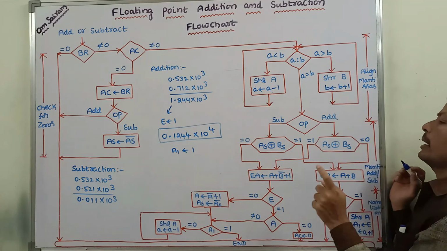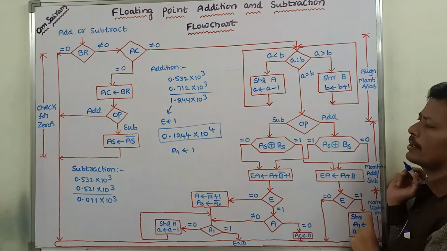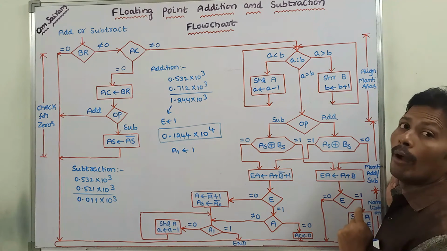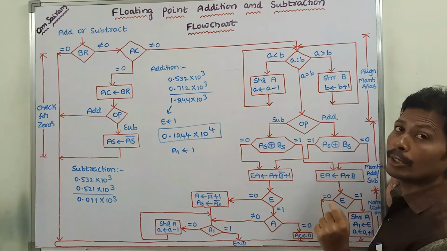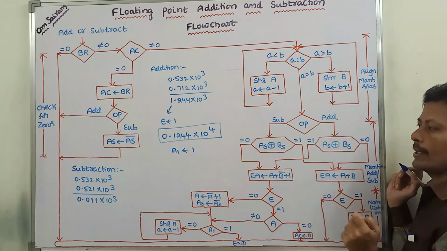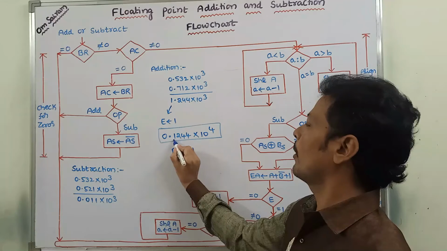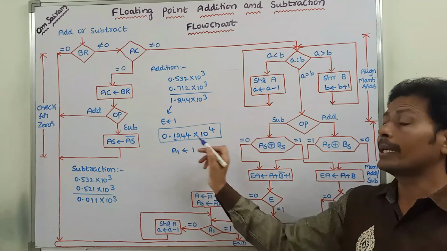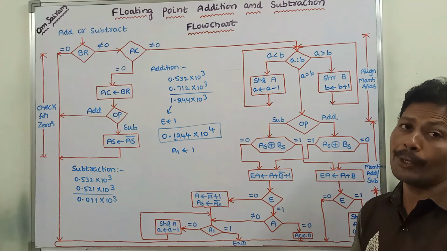After performing these three steps, now we have to check the most significant bit of the mantissa. The most significant bit of the mantissa is 1, which is a non-zero value.